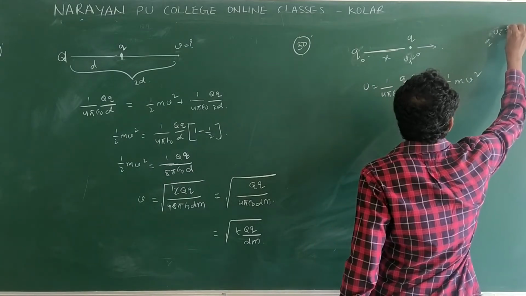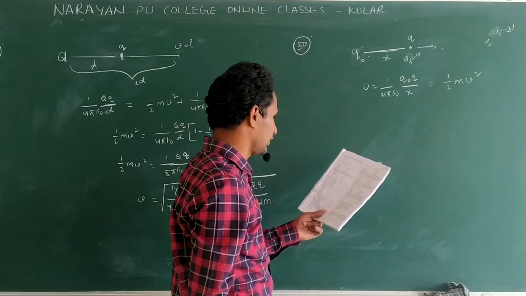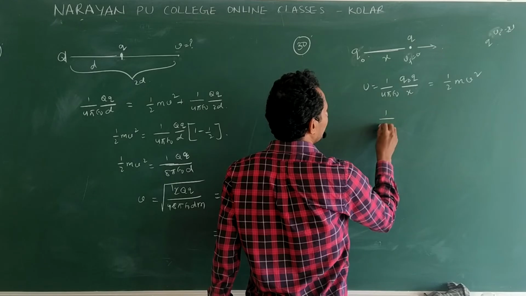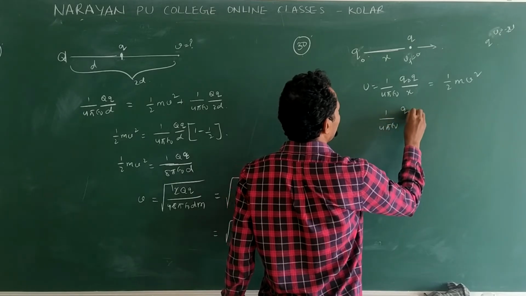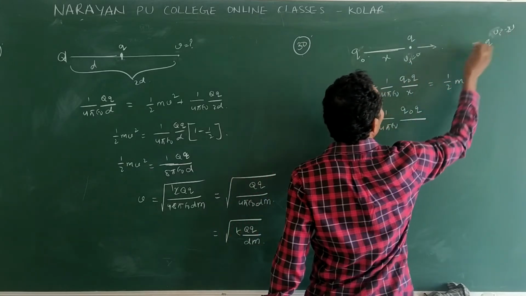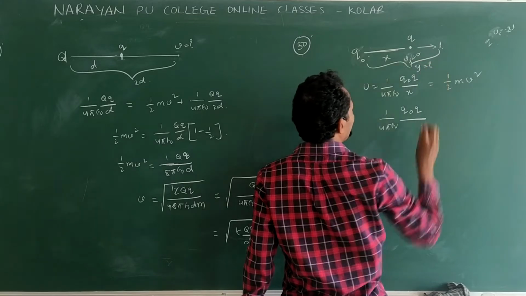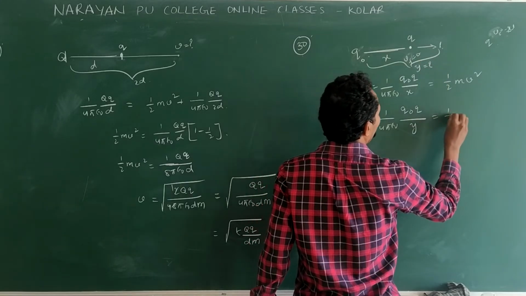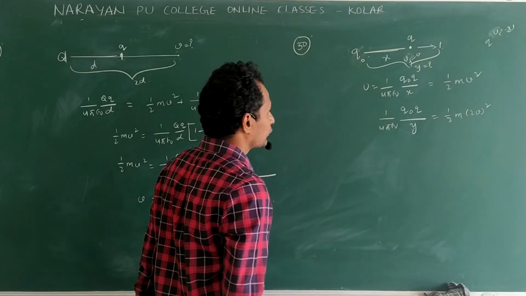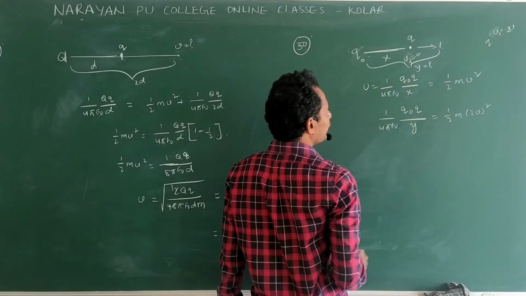Now if this is projected with 2v, what would be the closest approach they asked? Clear? Then in the second case, the same energy equation we will write: 1 by 4 pi epsilon naught Q naught Q by the closest approach. Let us say it is coming with 2v. Let us say this we take as y. Y they are asking. So y, half m 2v square. Clear?